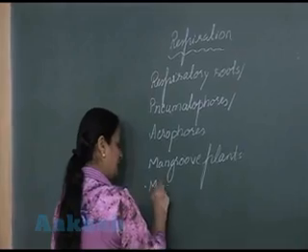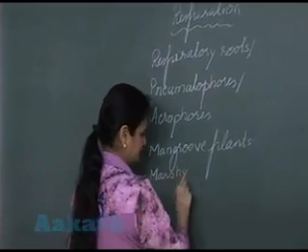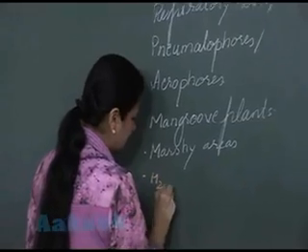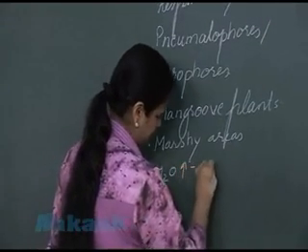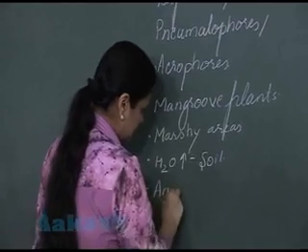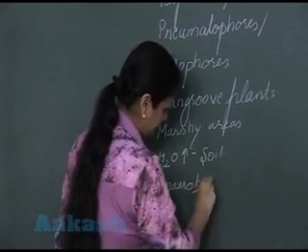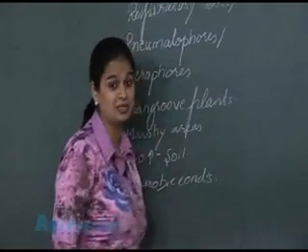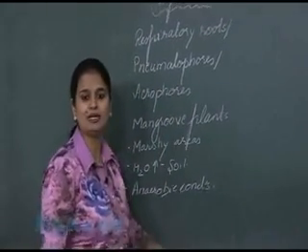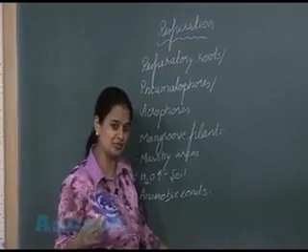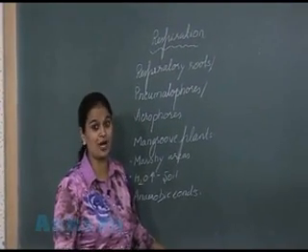So they grow in marshy areas, the water content in the soil is high, and this results in almost anaerobic conditions. Now there are anaerobic conditions in the soil and the roots require oxygen to survive.